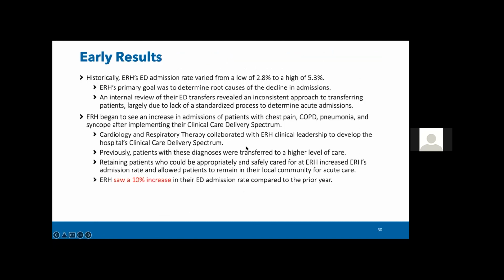By doing this, they did have some interesting results in terms of their inpatient utilization. They had an admission rate that varied over the years, from an ED admission rate to either acute or observation of 2.8 to a high of 5.3, very variable. They'd always wanted to understand why they were declining sometimes and increasing at others.